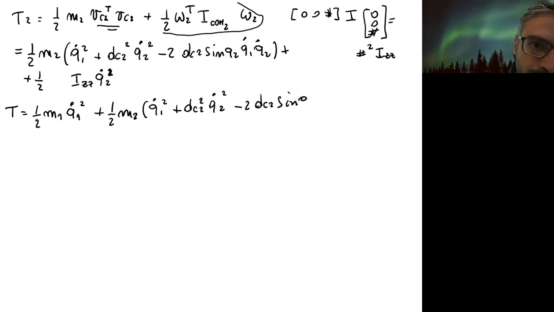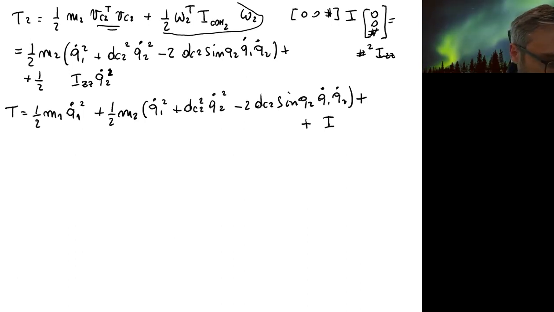DC2 sine of Q2, Q1 dot Q2 dot plus... it is missing 1/2.